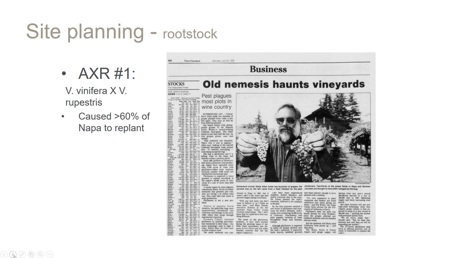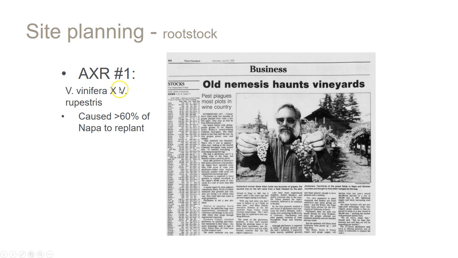So one thing to remember is we've had phylloxera failures even on rootstocks in the United States. We had a rootstock that was really popular called AXR1, which was Vitis vinifera by rupestris. It was really popular only because it was being pushed by nurseries, because it was simply easy for them to graft since it had vinifera in its parentage, so you had really high take rates. For a nursery, this is a heck of a rootstock because they're not wasting their time.